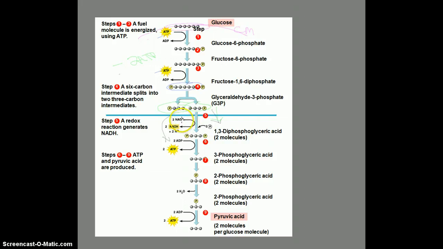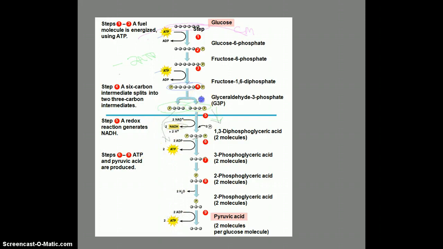So on each side we're going to have an NAD go in, grab some hydrogen, and take that hydrogen out, which changes this molecule. Notice it's still 3-carbon. Then we're also going to have ADP go in and grab those phosphate molecules off, and we're going to literally do this twice.